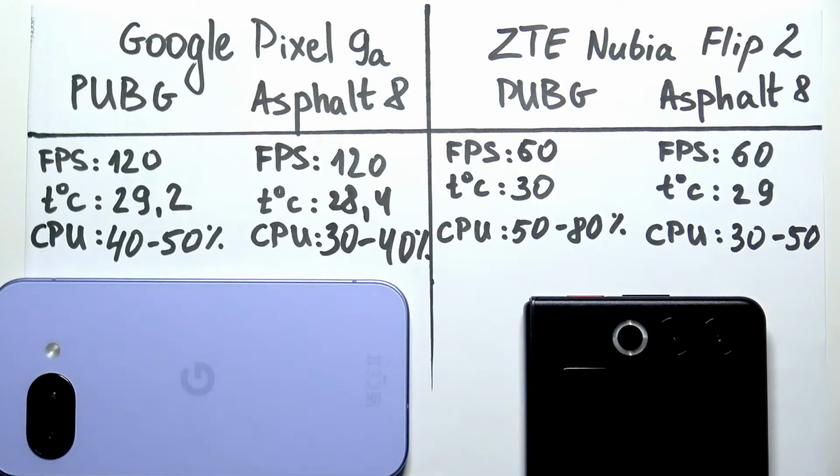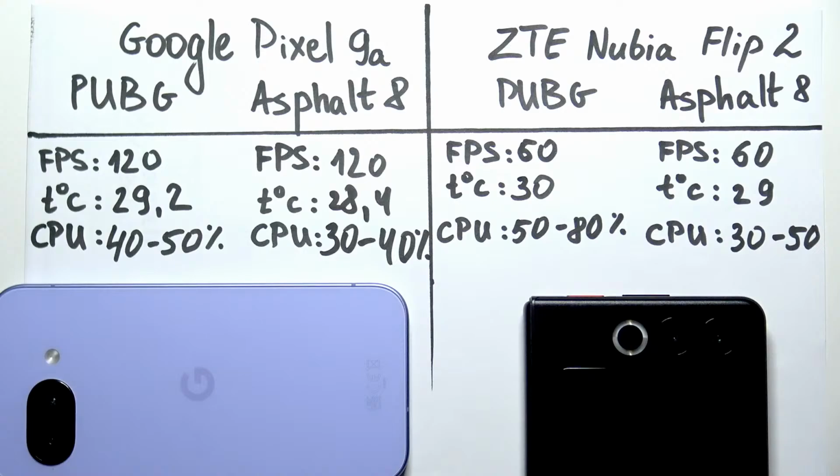While we played PUBG Mobile on Google Pixel 9a, we had 120 FPS, battery temperature 29.2 degrees, and CPU load was 40 to 50%. When we played Asphalt 8, we had 120 FPS, battery temperature was 28.4 degrees, and CPU load was 30 to 40%.